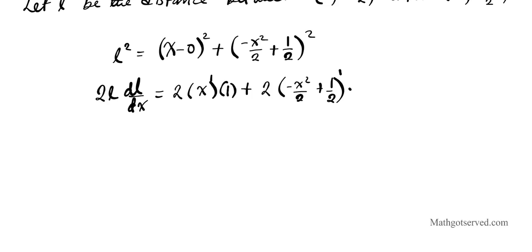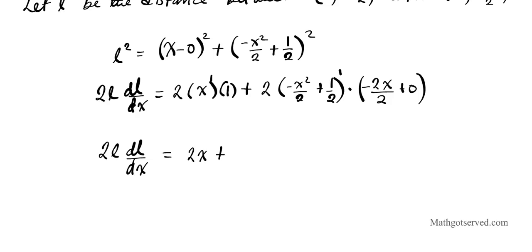Then using the chain rule, differentiate the inner. If you differentiate this, it becomes negative 2x over 2, and if you differentiate 1 half, it's plus 0. So there goes the chain rule. Let's simplify this a little bit more. We have 2L dL/dx equals 2x plus, now we can distribute this 2 to these two quantities.